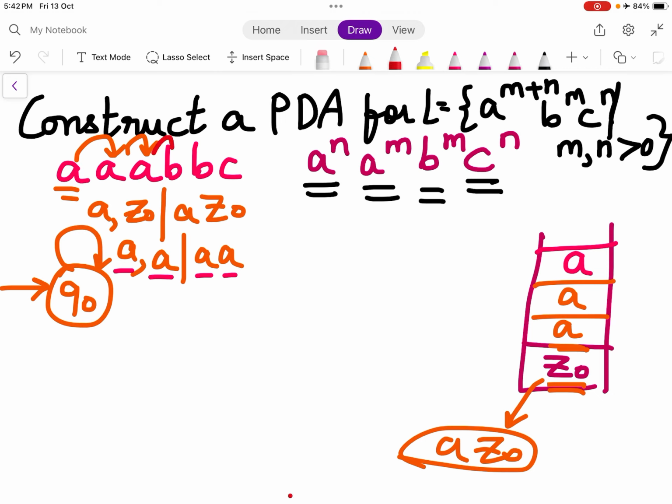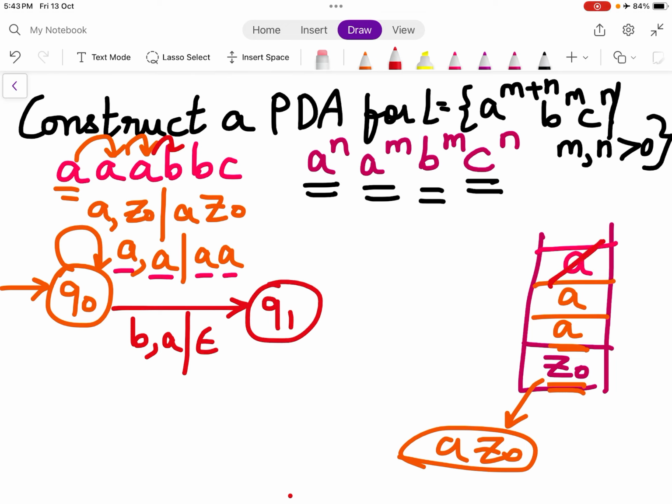Next, the read write head moves one step ahead, sees a B. When you see a B, on top of the stack you have A, pop that A and you go to Q1. Again, the read write head moves one step ahead, sees a B. On top of the stack you have A, pop that A, that is epsilon.